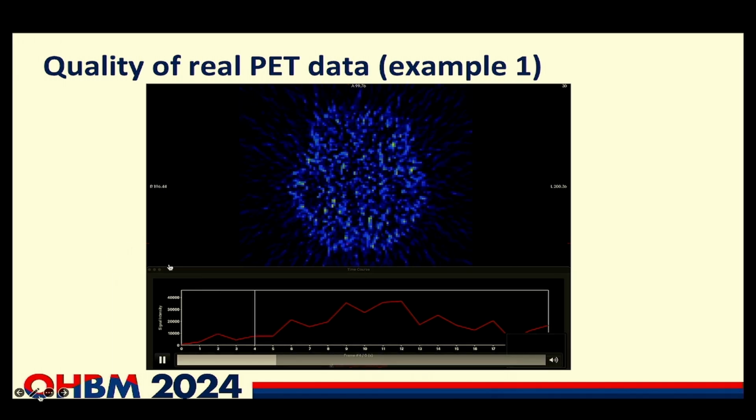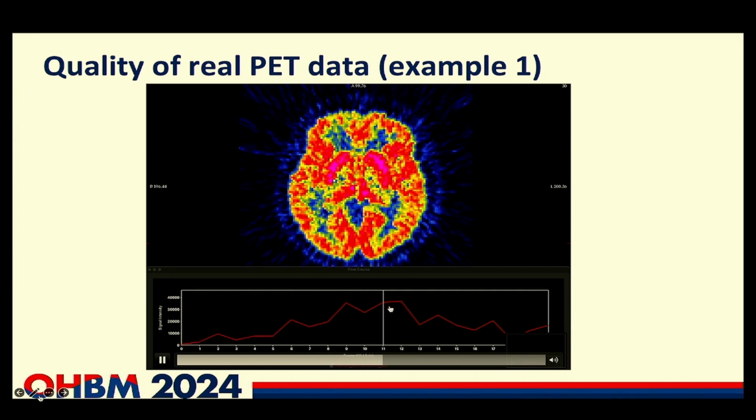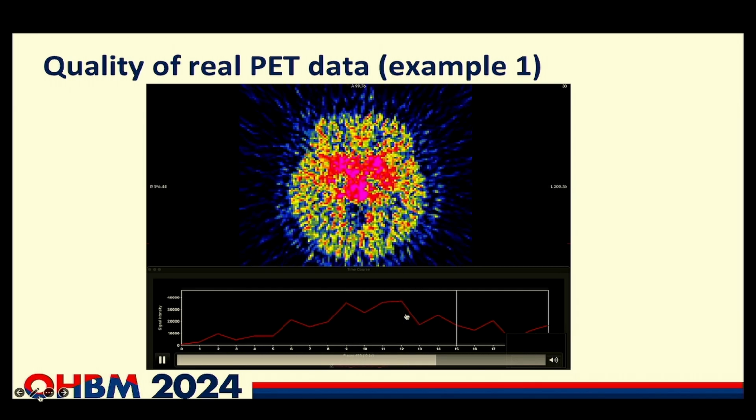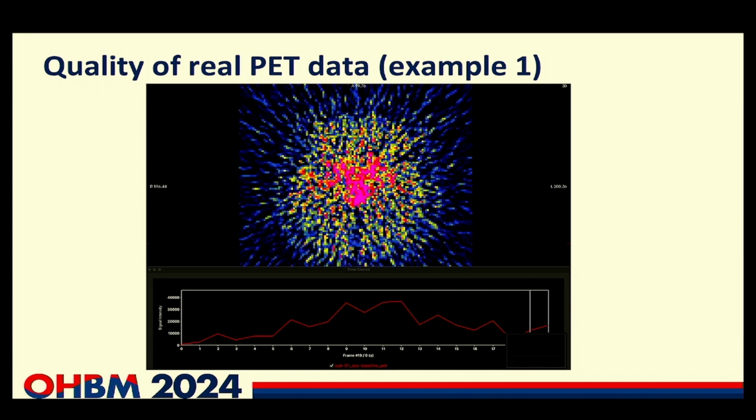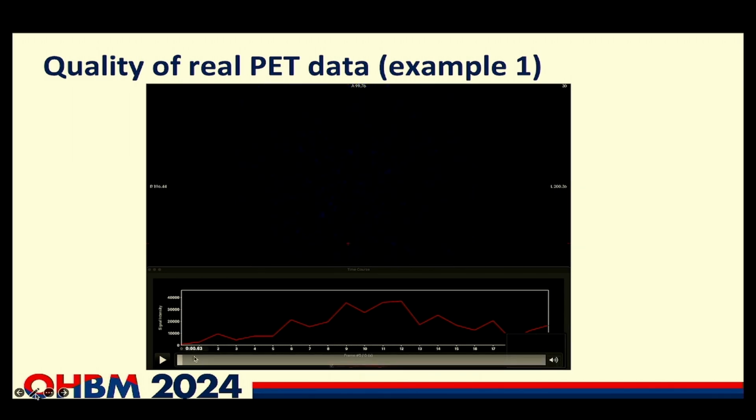What you see here is that you inject the tracer, it accumulates over time, it peaks at around here, and then it goes down again. So what you should take away from this is that, in the beginning when we inject the tracer, we basically have no signal in the brain.